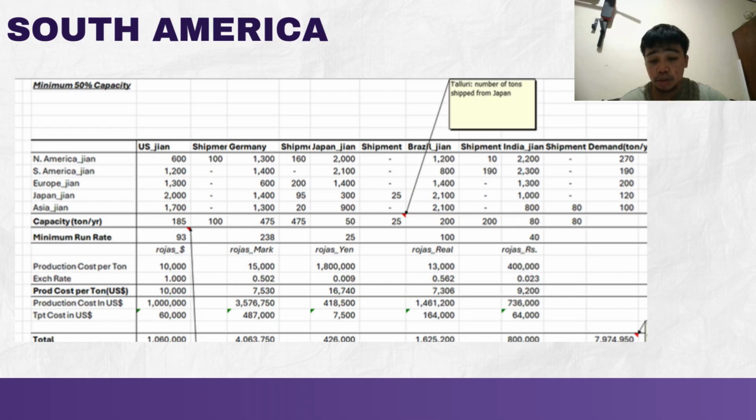The transportation cost to South America is minimal compared to other plants since Brazil is already located in South America. Other plants face high shipping costs going into South America. And the fact here is that it has lower production cost and it is the closest location. So Brazil is still the dominant supplier in South America.